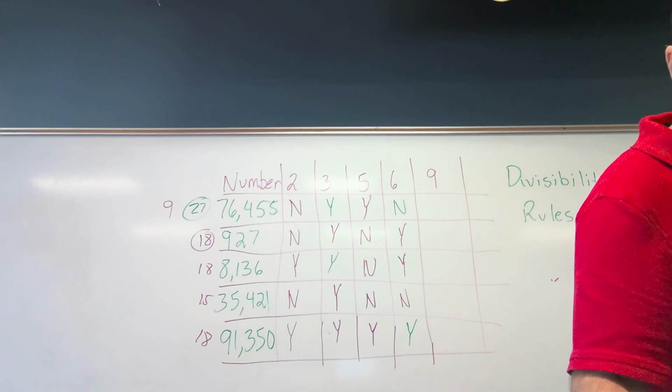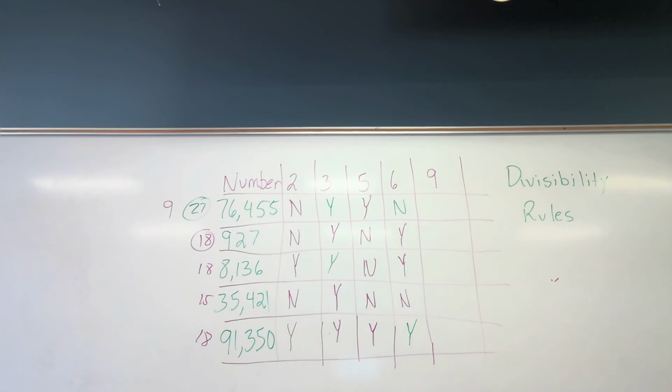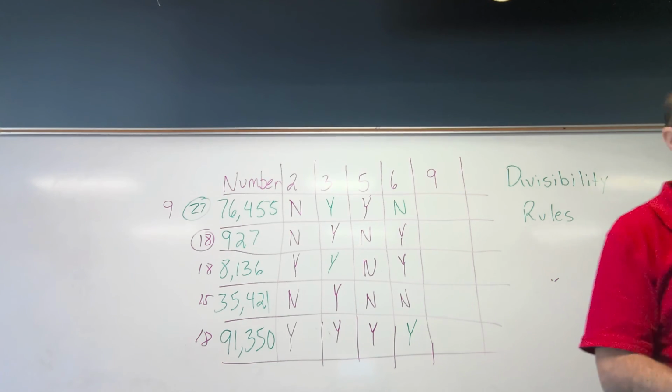The rule for 9. Zach, can you read me the rule for 9? The sum of the digits is divisible by 9. Same thing as 3. When we add the digits all together, is the sum of them divisible by 9?